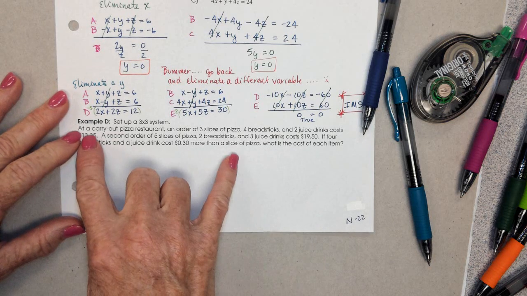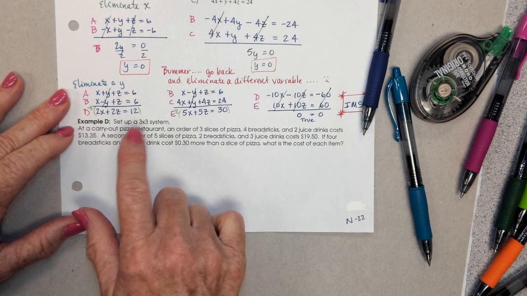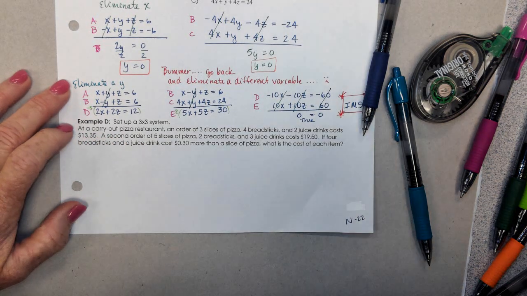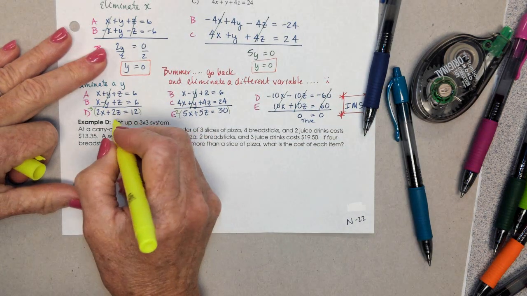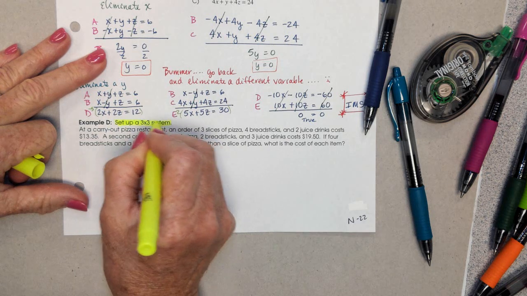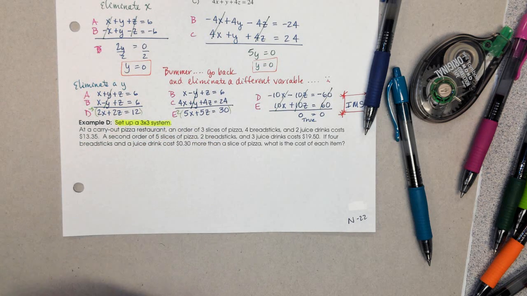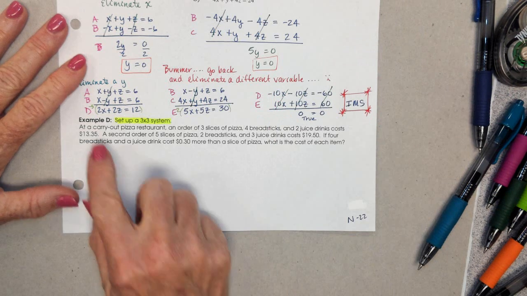We are going to look at this word problem. Now notice here, it just says set up a 3x3 system. It doesn't say solve. So you don't have to solve it. You just have to set it up. All right, so here's what we have.